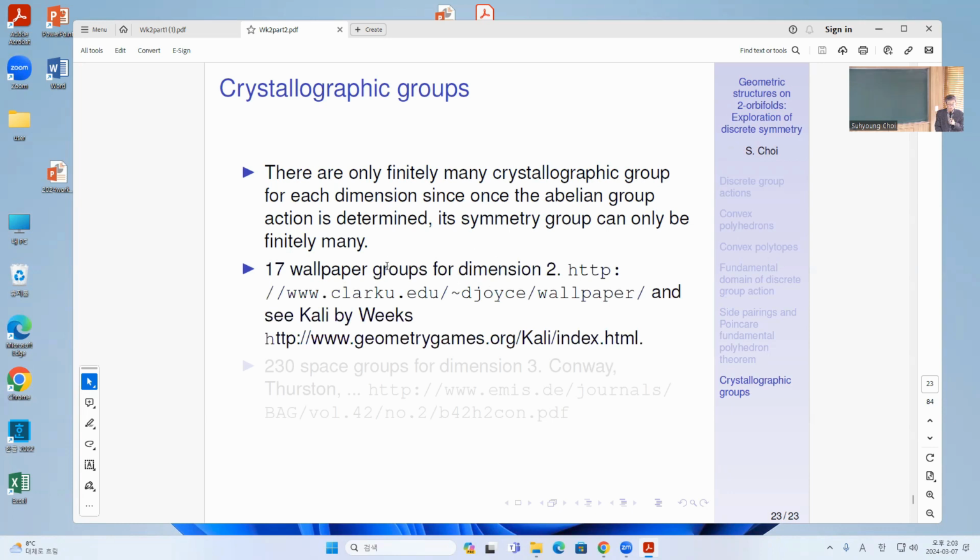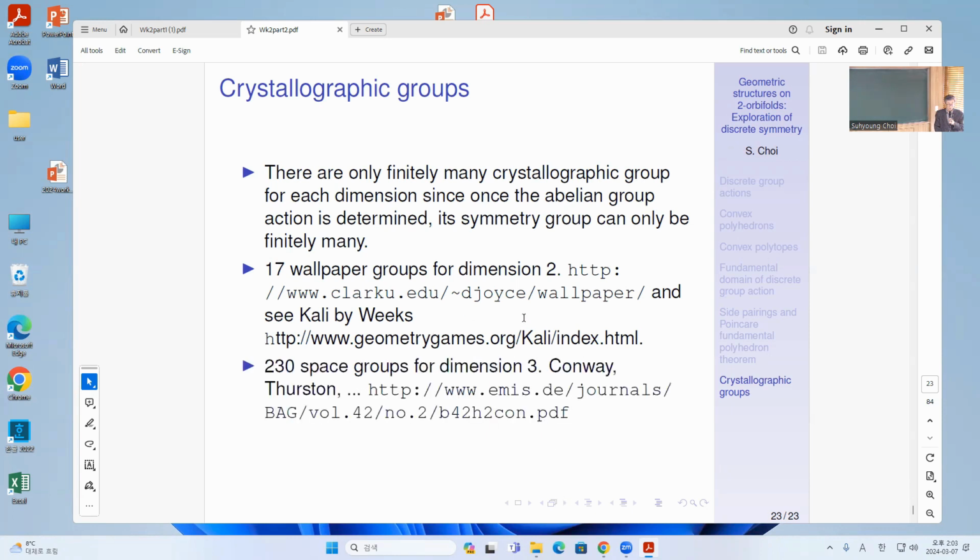In dimension 2 they're called wallpaper groups because they are the symmetry groups of wallpapers. Then there are 230 space groups for dimension 3. This is a classical result, but Conway and Thurston proved it here. Of course, in dimension 4, there might be many more, and so on.